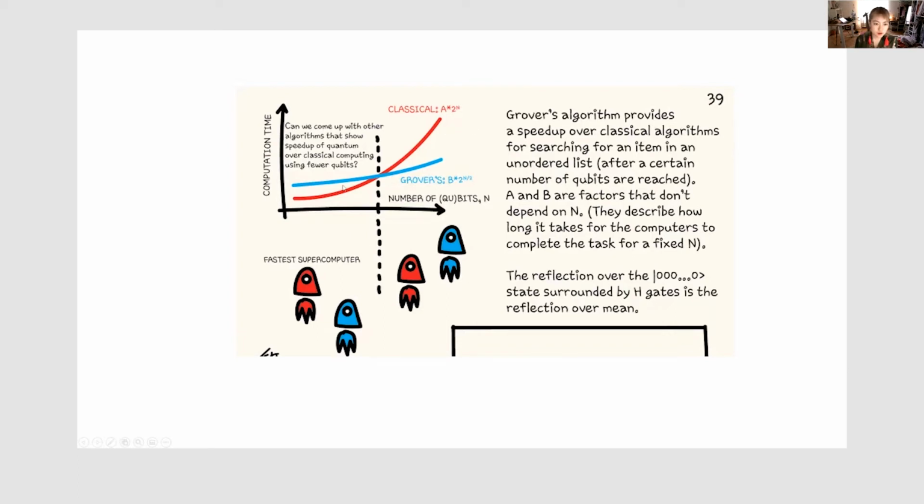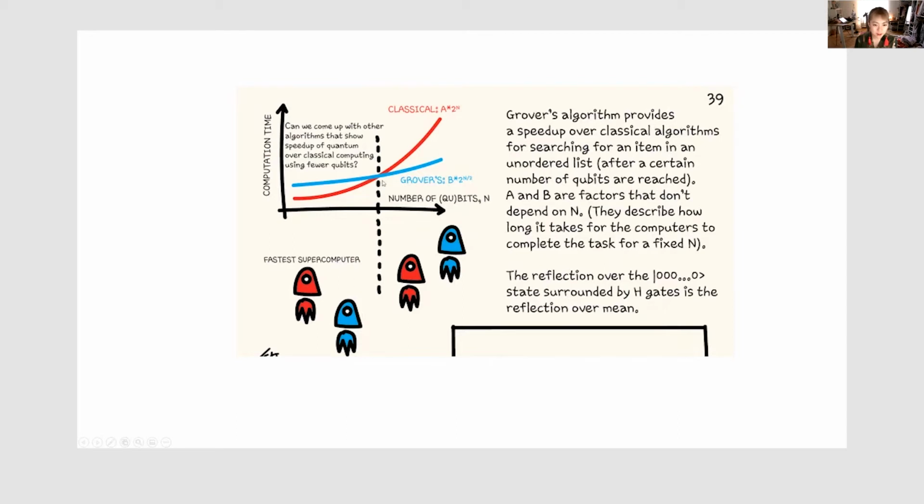At some point, you don't know how long one iteration would take with your algorithm, but it is a factor depending on what type of computer you're using. So in this region, you may have your fastest supercomputer that's faster than your fastest quantum computer.